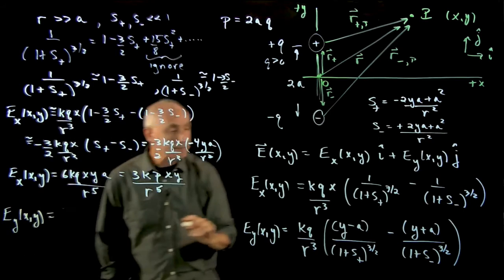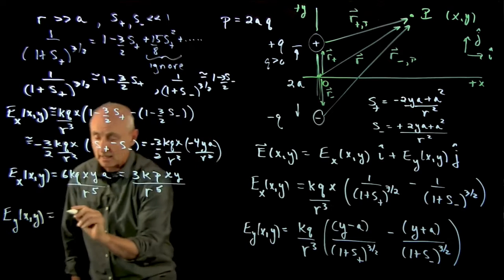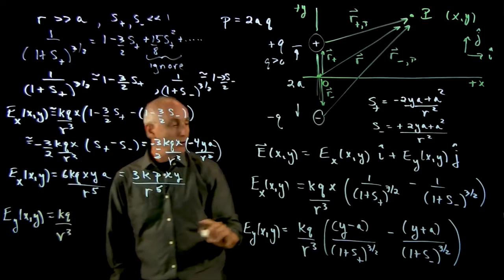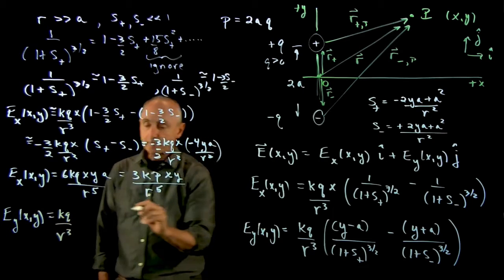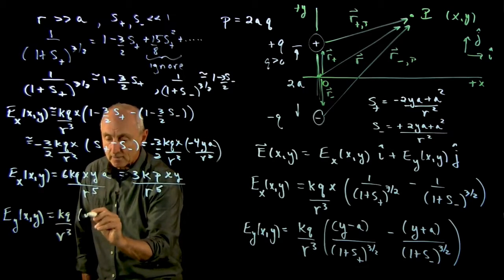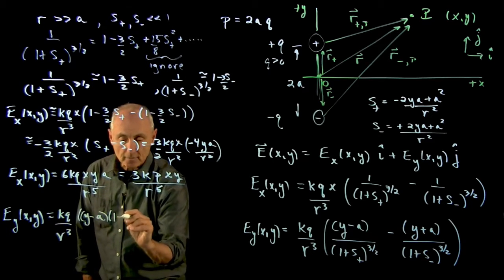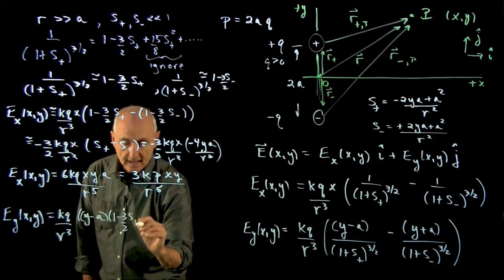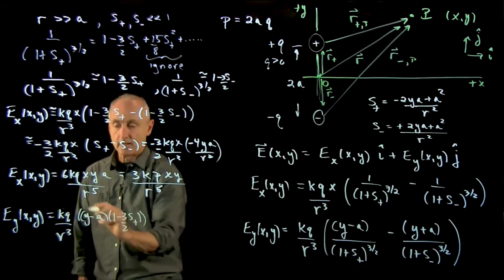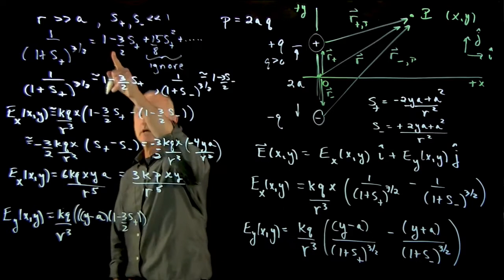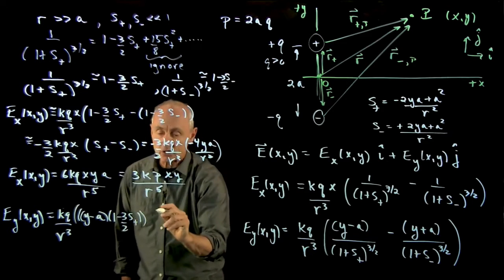So let's see what we can get. We have, again, kq over r cubed. We have, this is a little messier, 1 minus a times 1 minus 3/2 s plus. That's expanding the s plus term using our expansion.